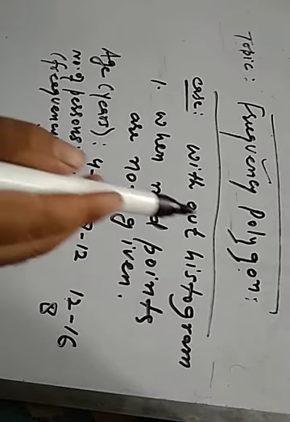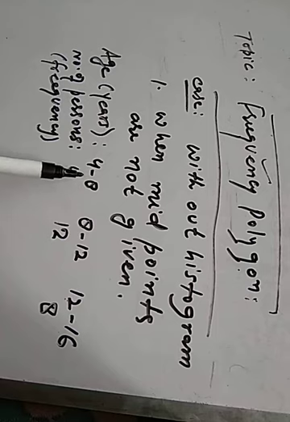Now we have to draw frequency polygon but without histograms. In this case, no midpoints are given. This data is given in class intervals. Therefore, first we have to calculate the mid value.